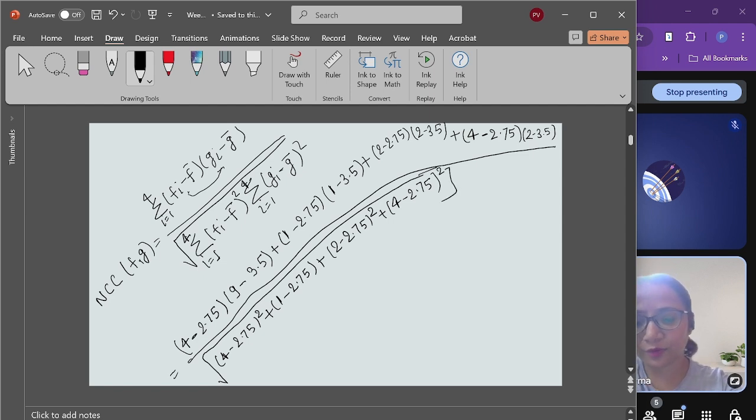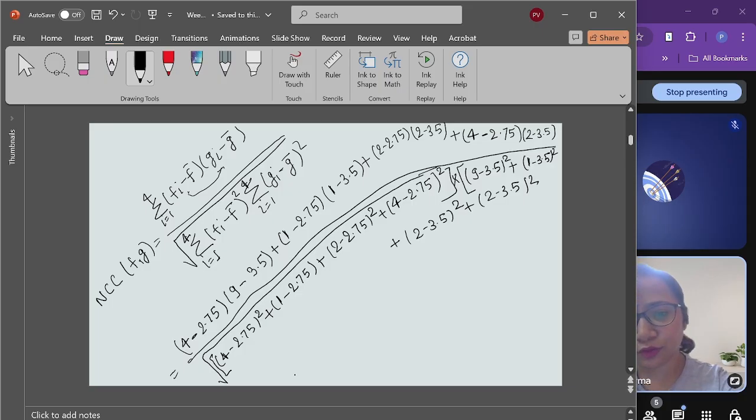Okay, this one is for feature vector f. Now this is in one bracket and it will be multiplied by the next feature vector: 9 minus 3.5 whole square plus 1 minus 3.5 whole square plus 2 minus 3.5 whole square plus 2 minus 3.5 whole square.